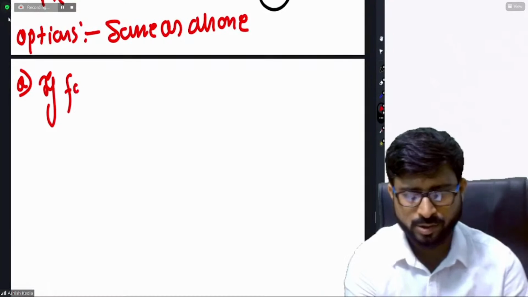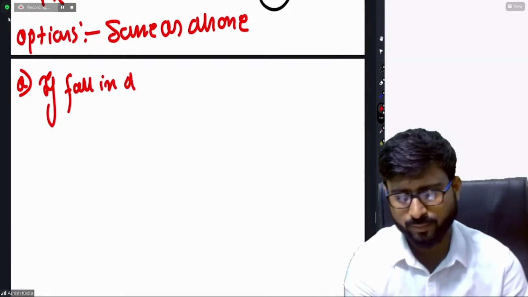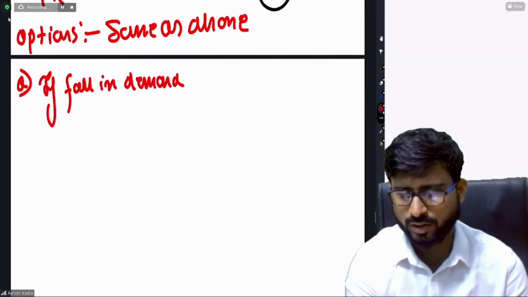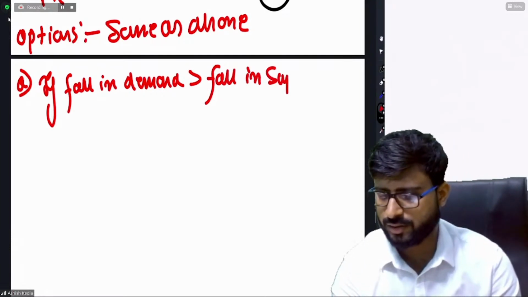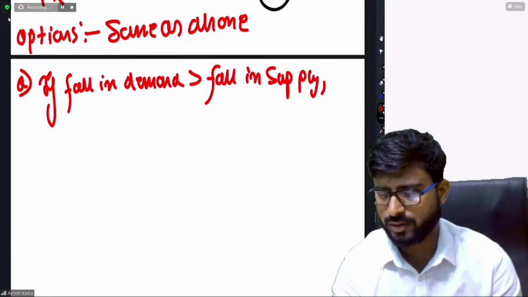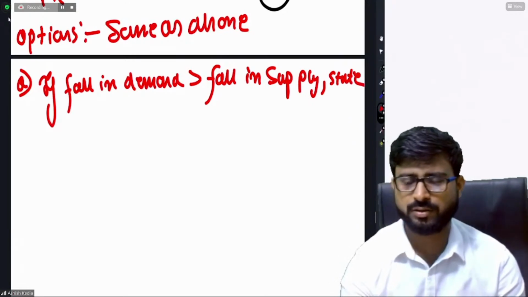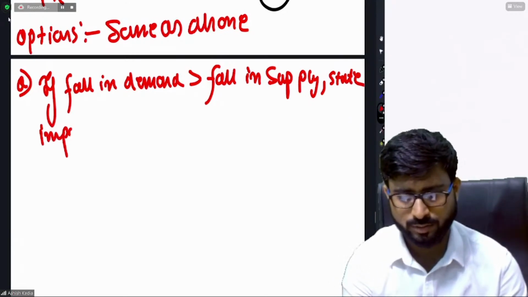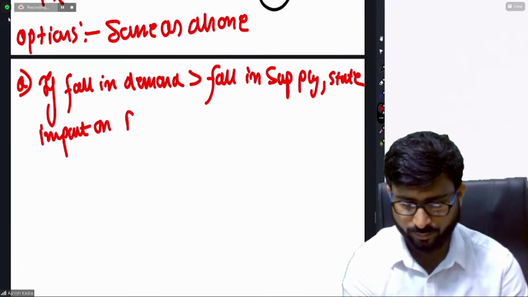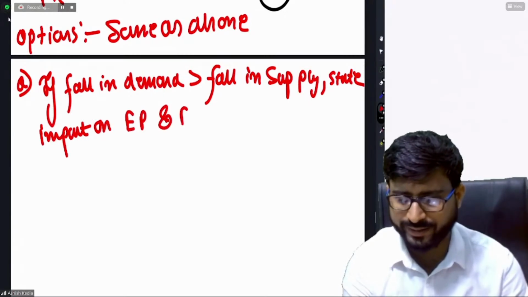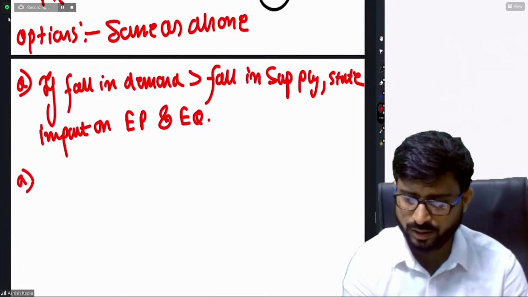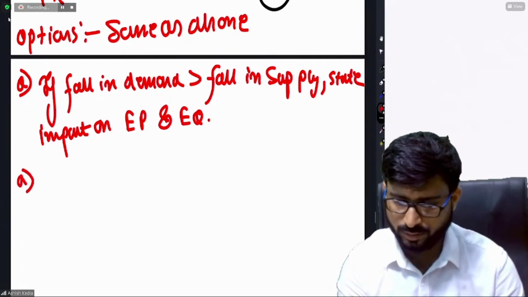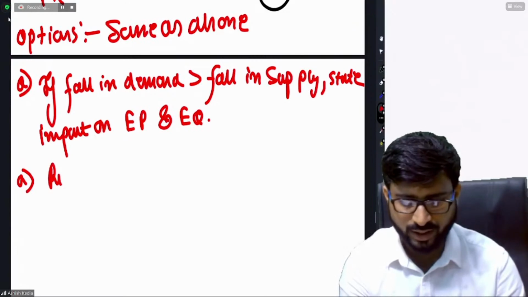If fall in demand is greater than fall in supply, state the impact on equilibrium price and equilibrium quantity. Option A, rise, rise.